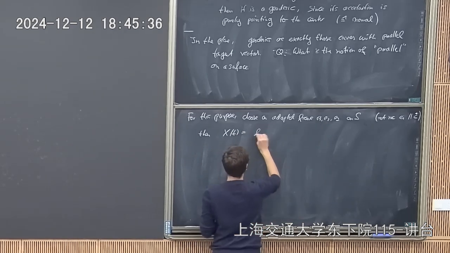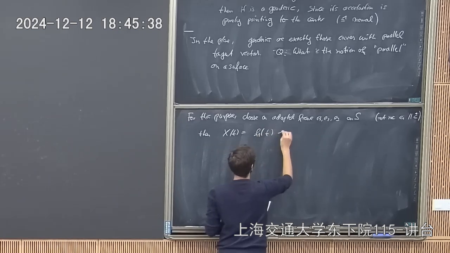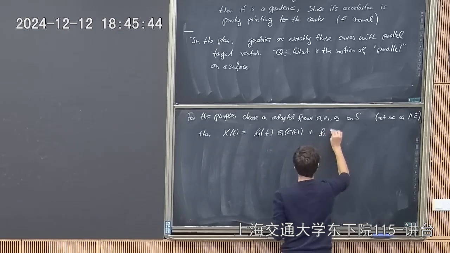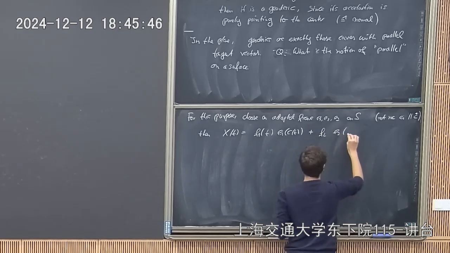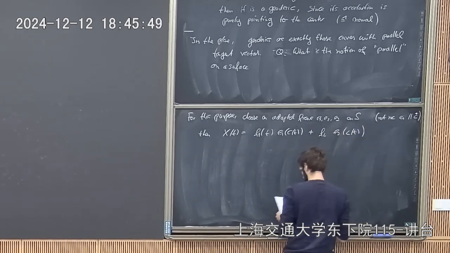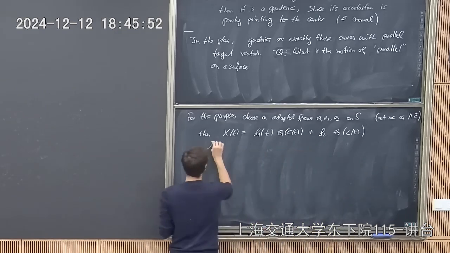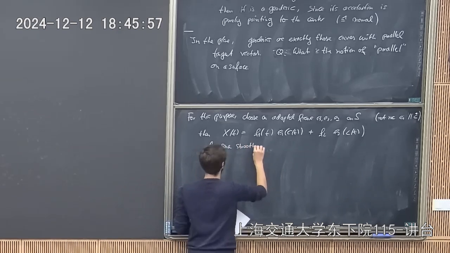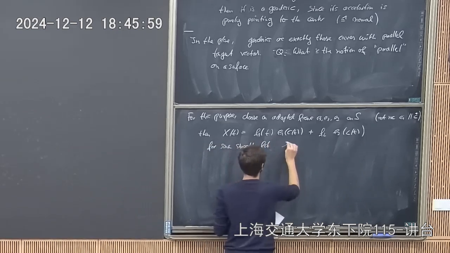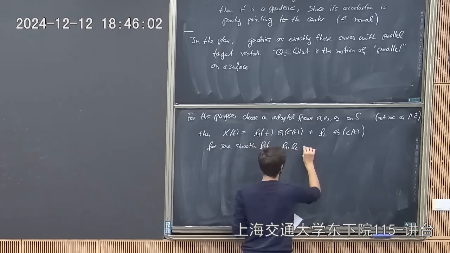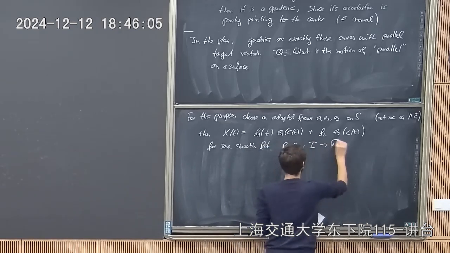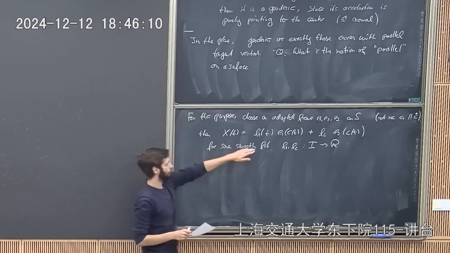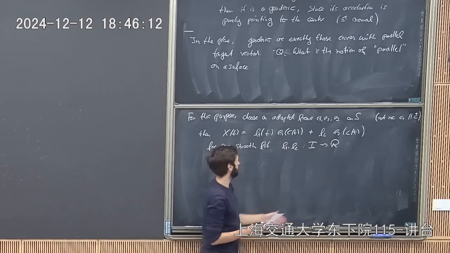So what we have here is f1 of t times E1 at C of t, plus f2 times E2 at C of t, for some smooth functions f1, f2. So these are the coefficients of x of t in E1 direction and in E2 direction.